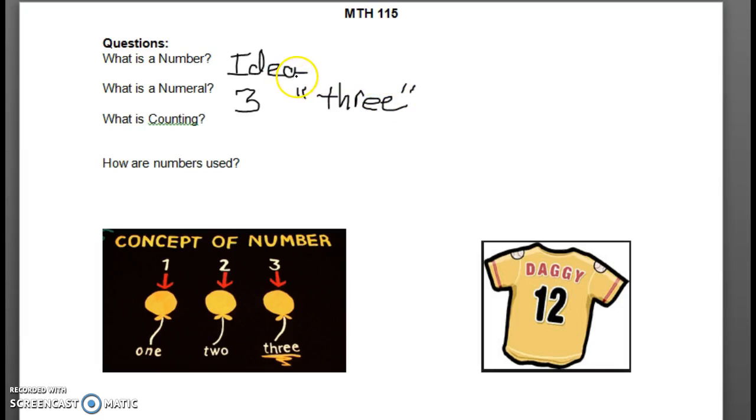But what's evoked in your head when I say 3, or you see this symbol written down, is usually a quantity of 3 items. So a number is an idea that has to do with amount or sometimes order. But usually we think of amount or quantity.